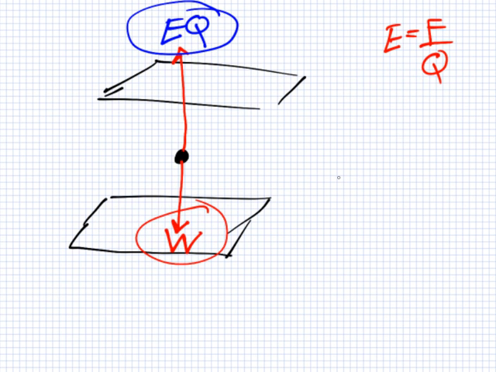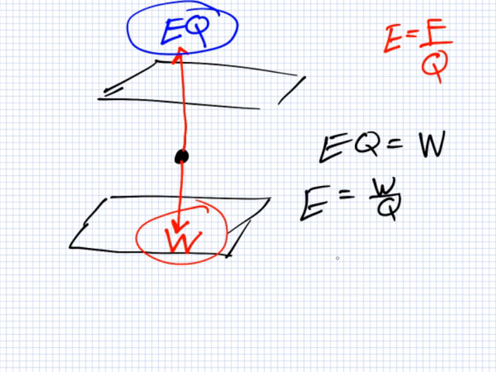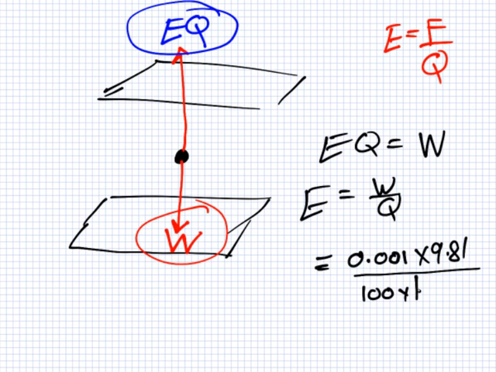So E must equal the weight over Q, which is equal to, it was a milligram, 0.001 times 9.81 all over the charge, which was 100 electrons, which is 1.6 times 10 to the minus 19. So you get an answer of 6.1 times 10 to the 14 newtons per Coulomb.